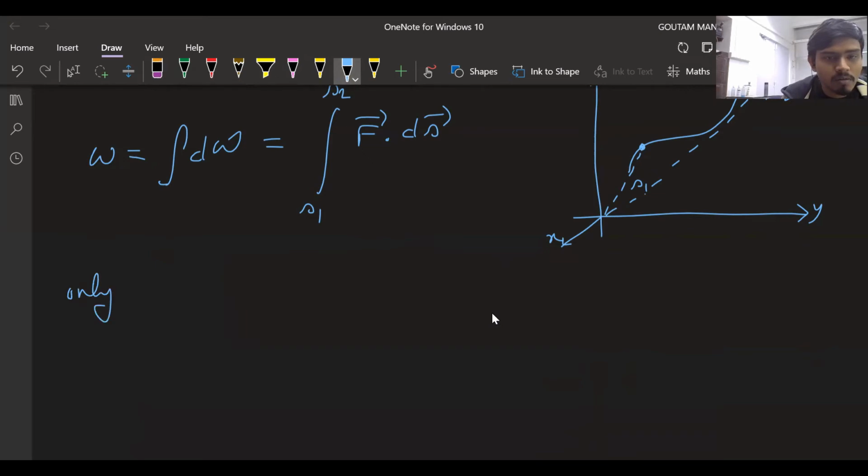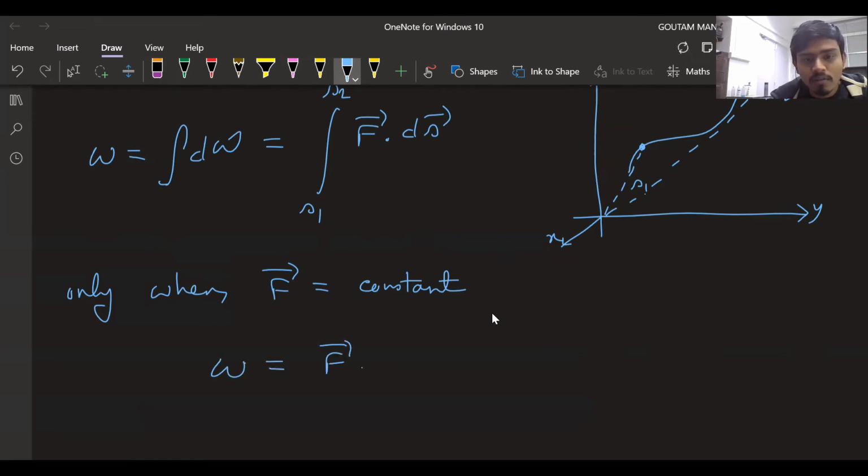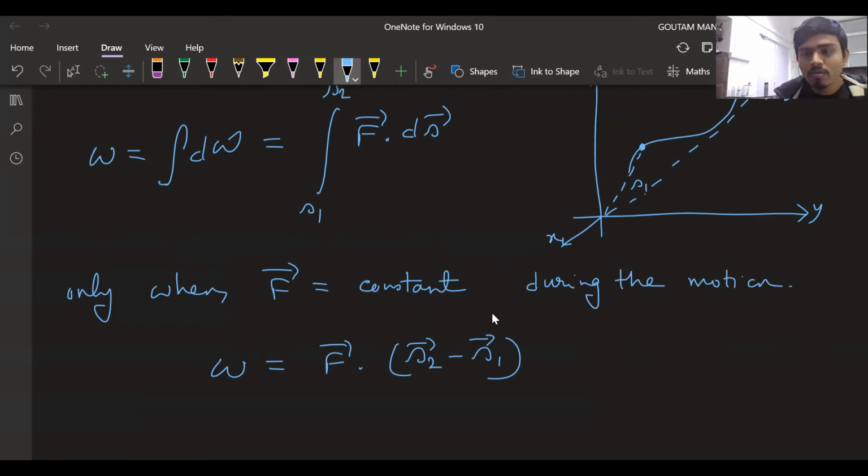Only when F is equal to constant, we have a constant force field. That means F is constant throughout the space or throughout the path for which the displacement is taking place. Then the work done will be F dot (S2 minus S1), only for this case when F is constant during the motion.